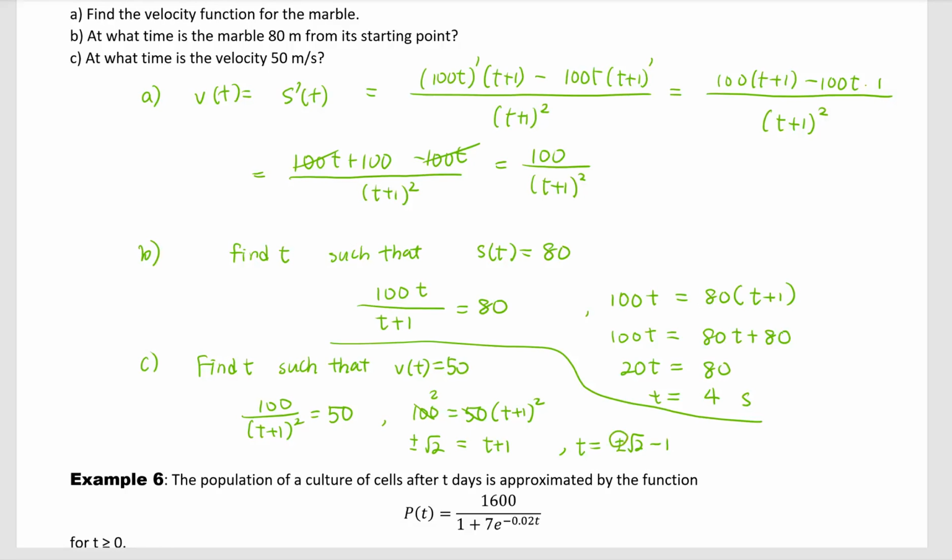No, so we only pick the positive one. That is square root of 2 minus 1 second. So far, so good, everybody? So at t equals square root of 2 minus 1 second, the marble has velocity 50 meters per second. Okay?